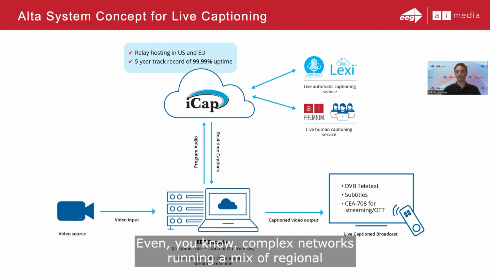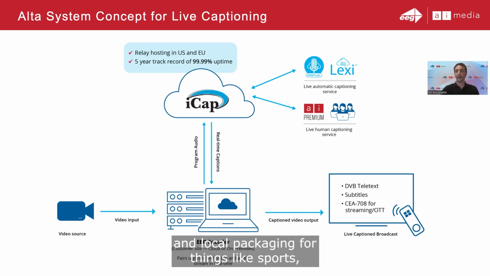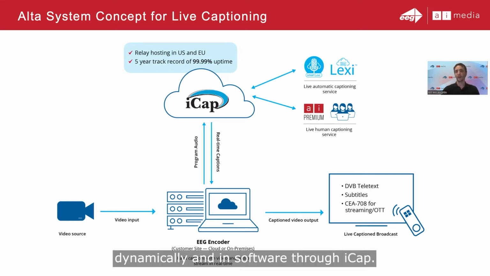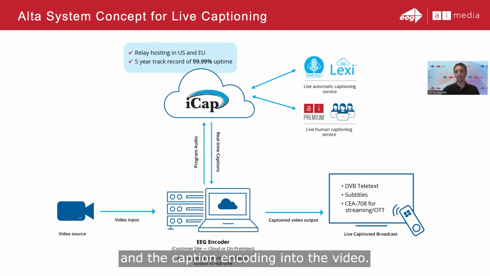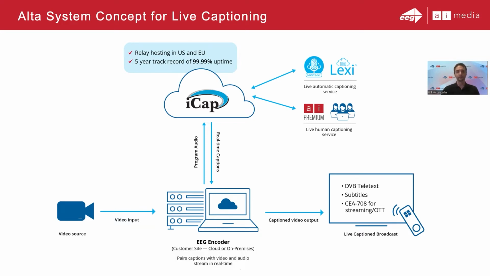Even complex networks running a mix of regional and local packaging for things like sports, you're actually able to control all of that dynamically and in software through ICAP. So that makes it a lot easier than if you have to have fixed IP addresses or any other type of fixed non-virtualized routing to get between caption sources and the caption encoding into the video.